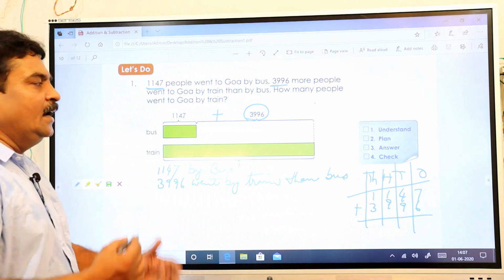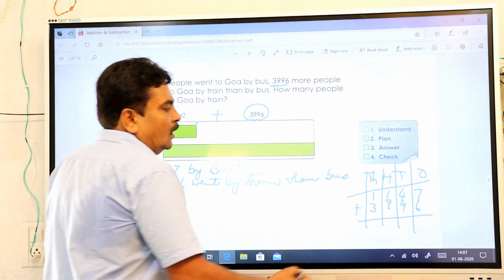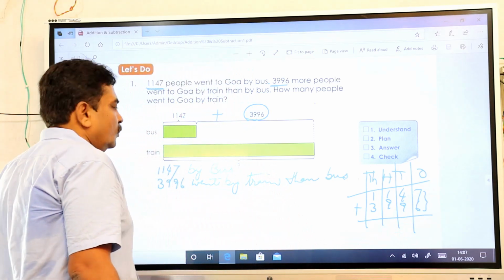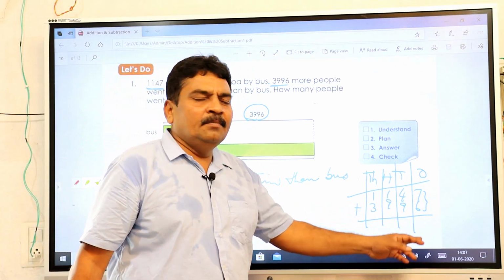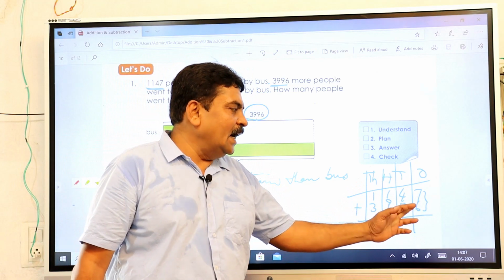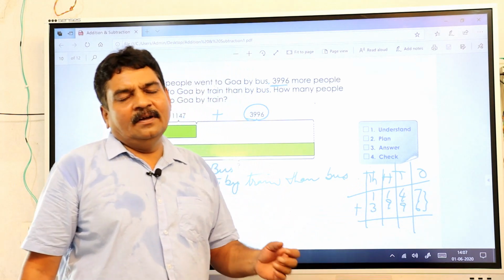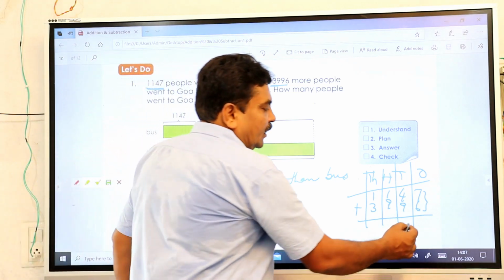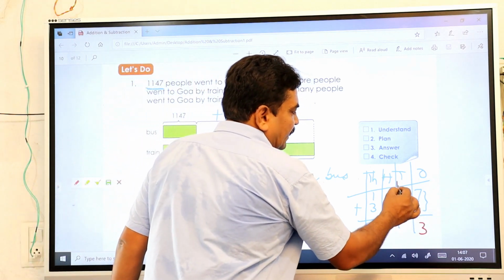Please add these two. When you are adding, you should know which is the bigger number. The bigger number is 7. So add 6 to 7: 7, then 8, 9, 10, 11, 12, 13. 13 means 3 here, carry 1.